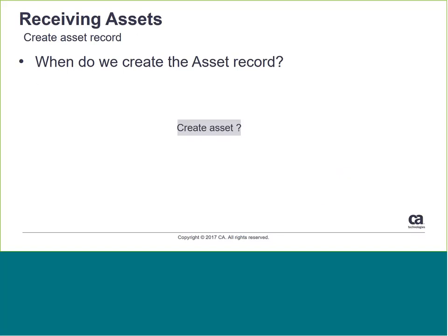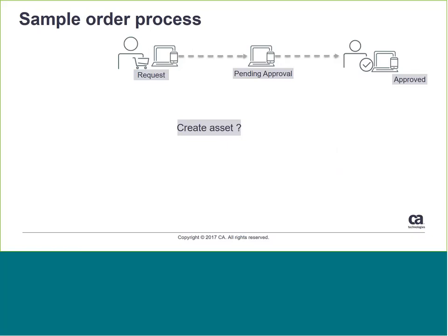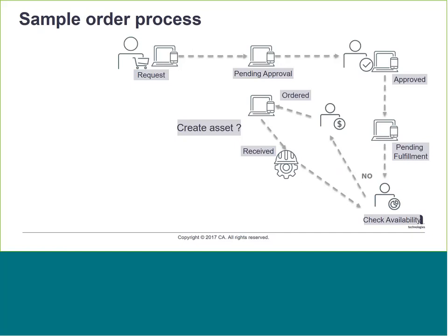Don't worry. So the whole idea here is you obviously have your first process, your request. So a user goes and requests it. It's approved by the manager, and there's a technical approval. And that could be where you create the asset. You could also create it through the fulfillment. Find out, is there an asset already? If you don't have an asset, you go order it.